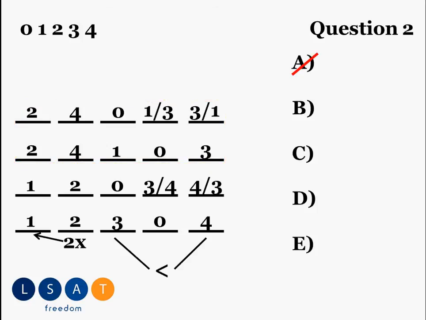So A is incorrect. B, does 1 go before 3? Well, we know that's incorrect because in this scenario, 3 could potentially go before 1. So B is incorrect. C, 2 comes before 3.